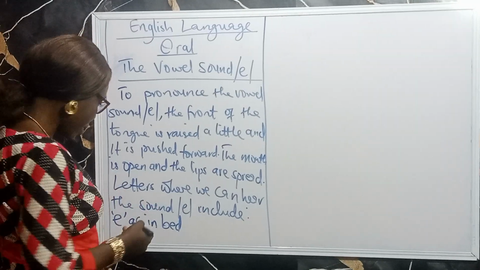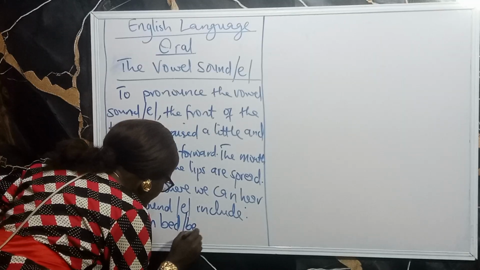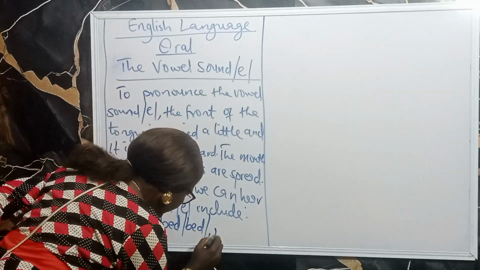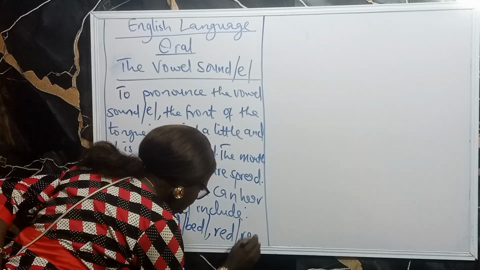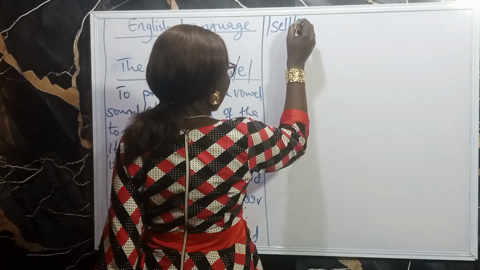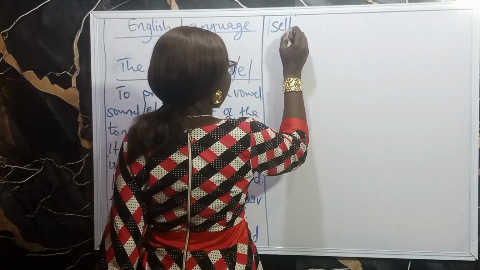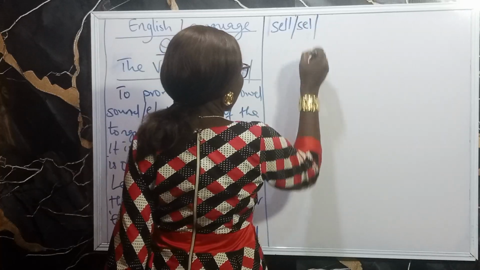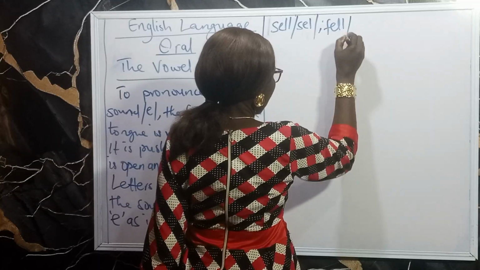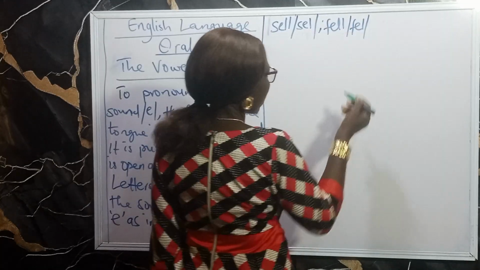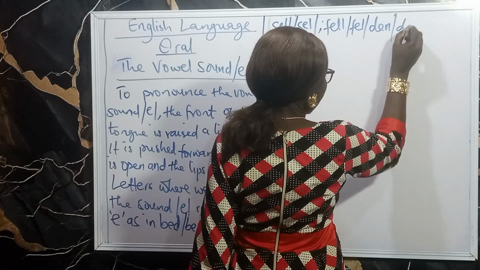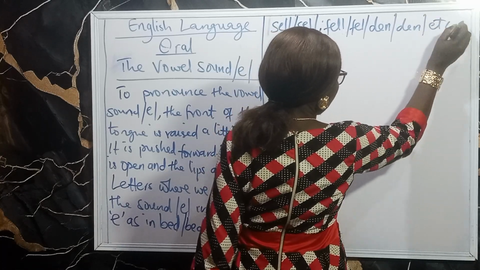So, the first one is bed. Then we have red. We also have cell. We have fell, and Ben, and so on. That is for E.